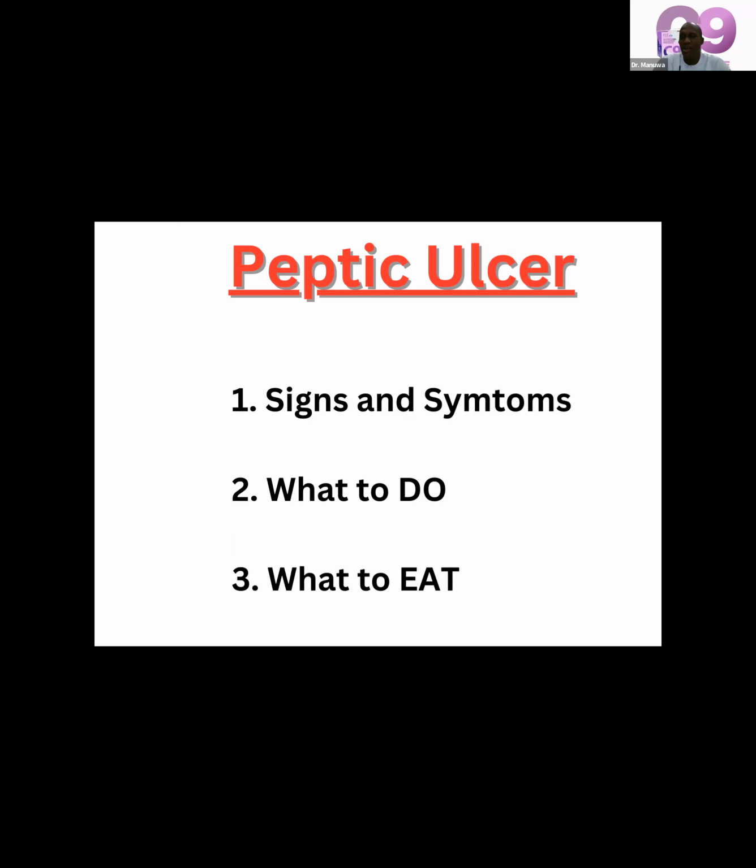And if you take 20 people randomly, 18 to 19 of them will tell you that they are experiencing one form of ulcer or the other, whether it is mild, some will say moderate, some will say their ulcer is even severe.